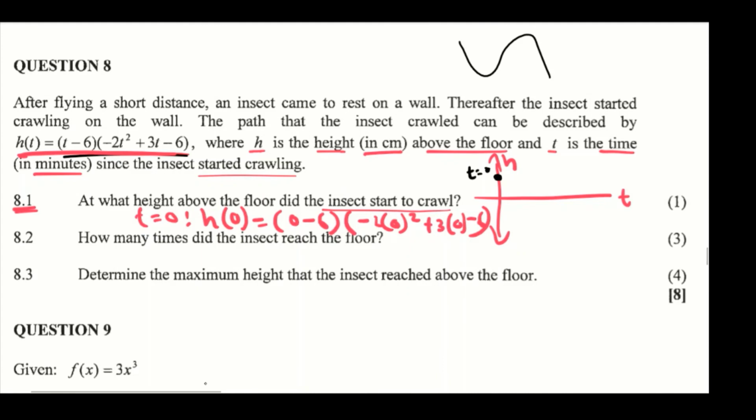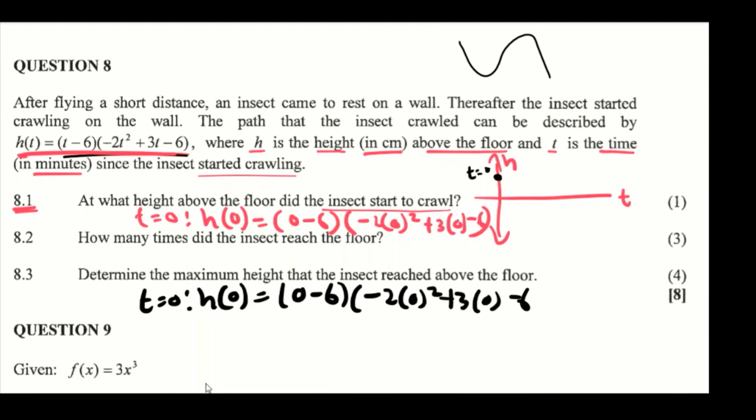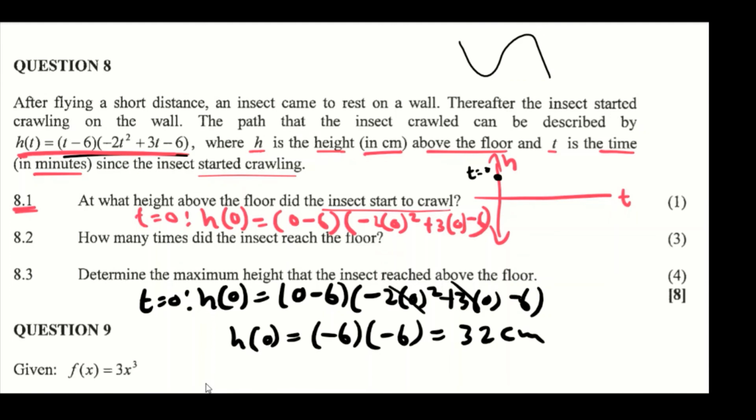To write it nicely, t equals 0, h of 0 is equal to 0 minus 6 and minus 2 into 0 squared plus 3 into 0 minus 6. So this will be 0, this will be 0, so h of 0 is equal to minus 6 and minus 6, which will give you 32. So this is 32 centimeters.